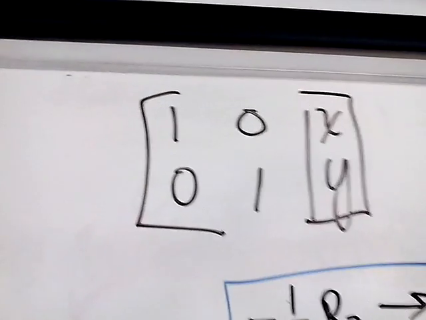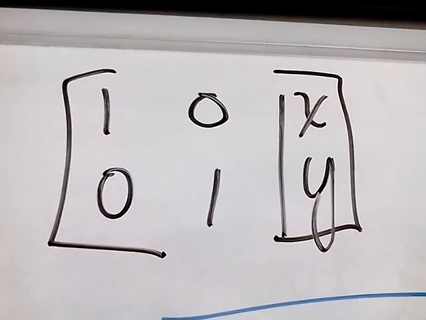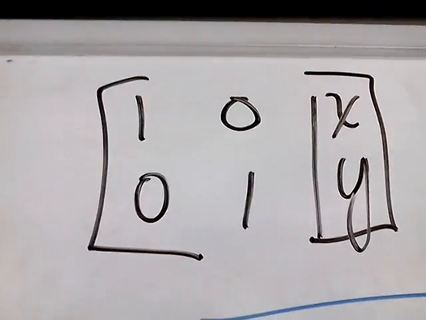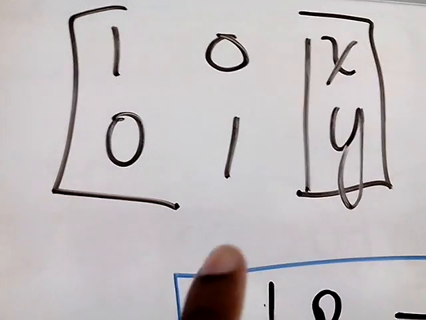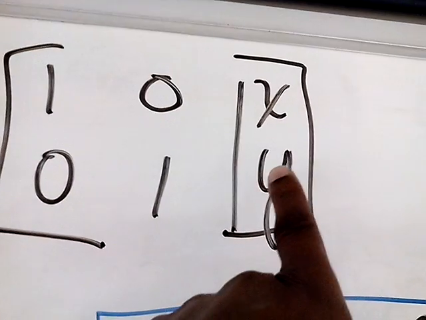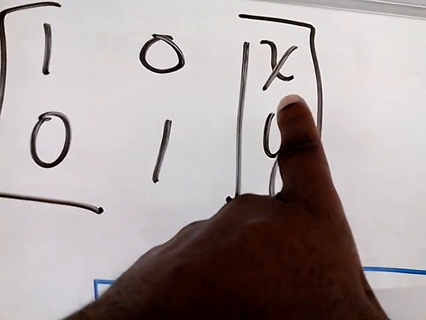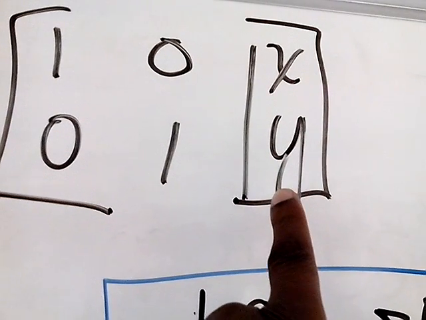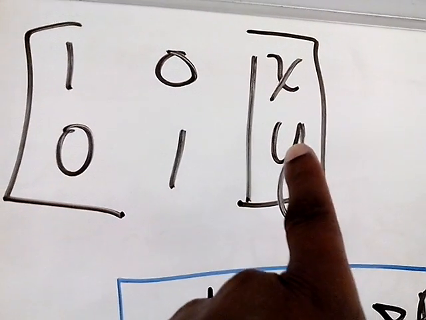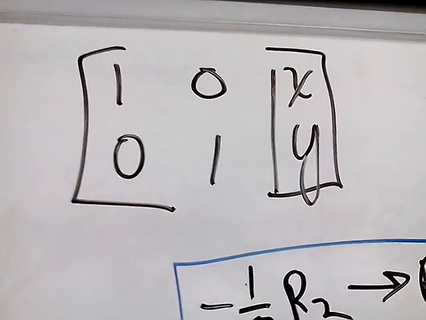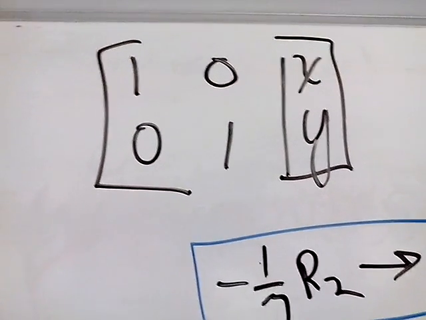Our goal is to transform the matrix into 1, 0, 0, 1. And in terms of your solution, you have either your x sub 1, x sub 2, or of course x and y would be the solution in terms of x comma y.